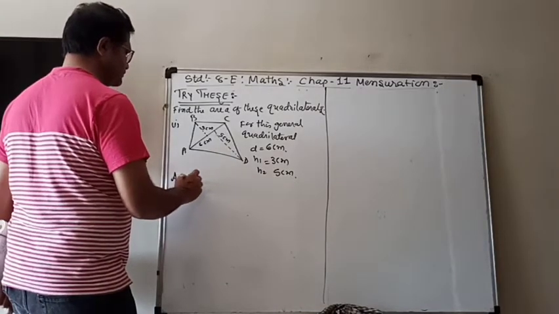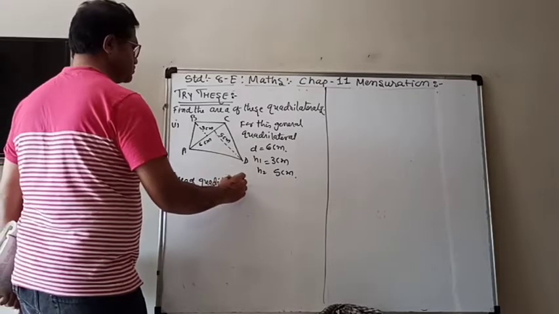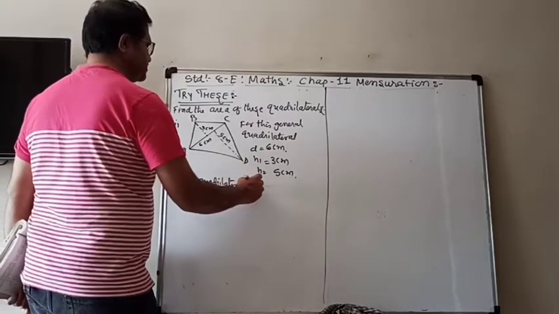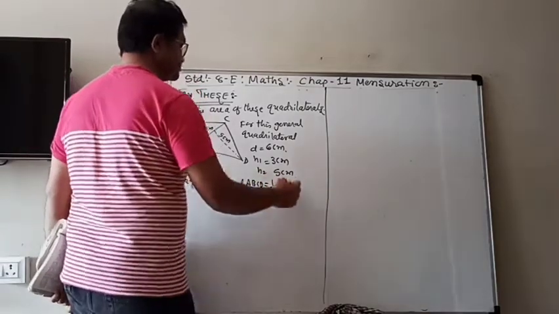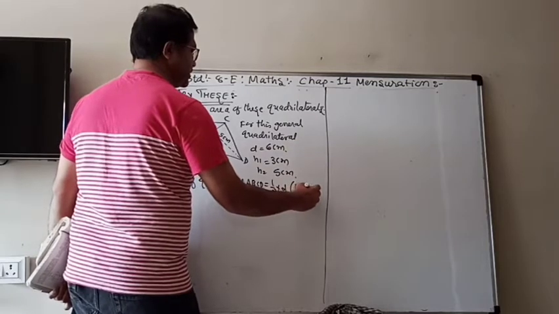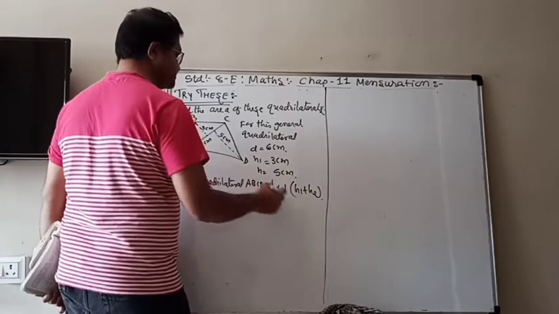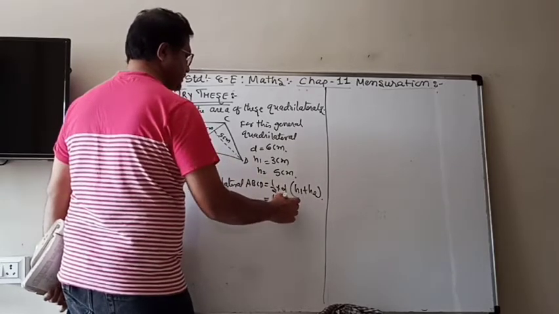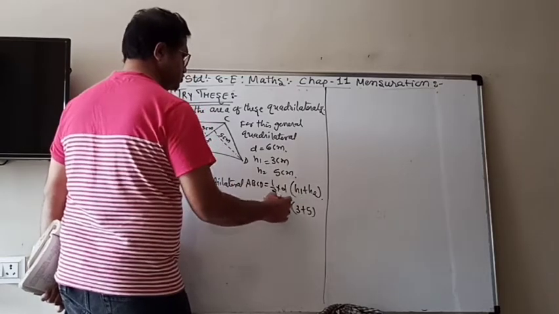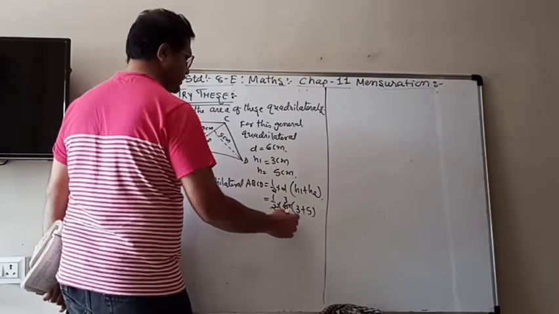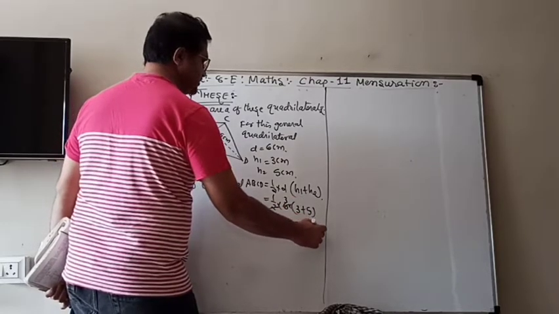Area of quadrilateral ABCD is equal to half into D into (H1 plus H2). So half into D is 6 multiplied by 3 plus 5. 2 3s are 6 here. So 3 multiplied by 5 plus 3, 8. So 24 centimeter square.